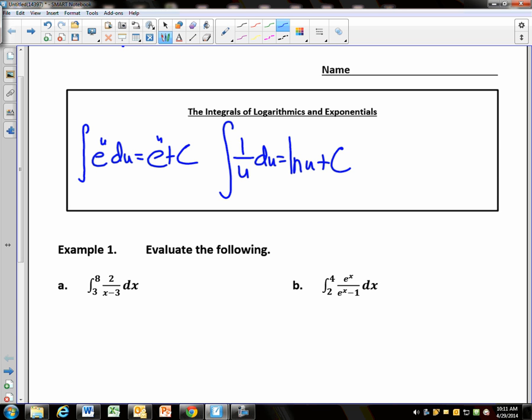We want to do an exponential. The integral of b to the x dx is equal to b to the x over natural log of b plus a constant c. So those are the three main integrals that we're going to be using today.